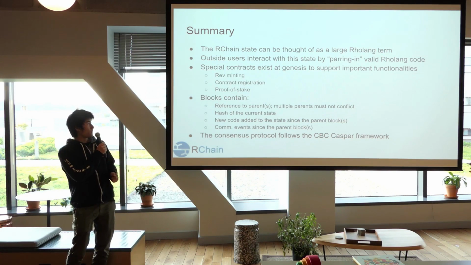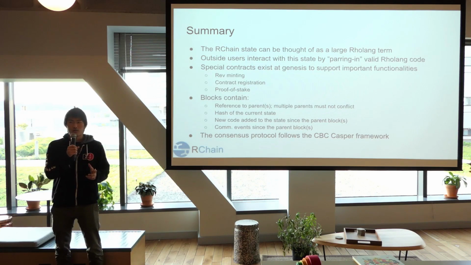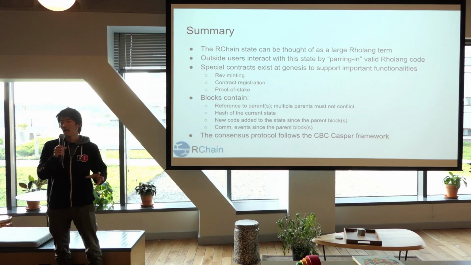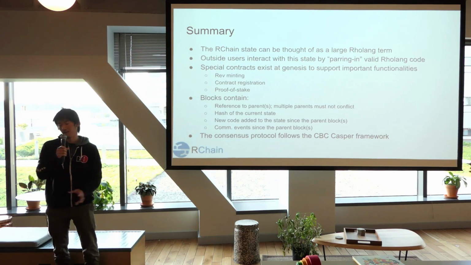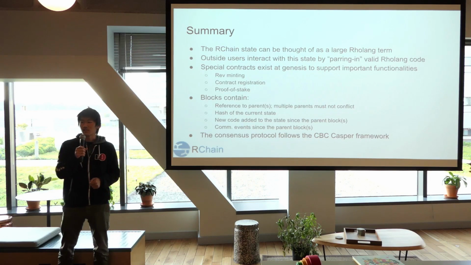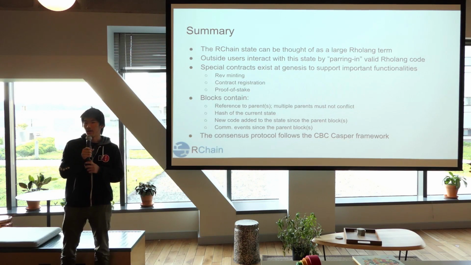And so the idea is that there are special contracts that govern how the blockchain goes. And that's sort of what's listed here. Most essentially, there's the proof of stake contract.